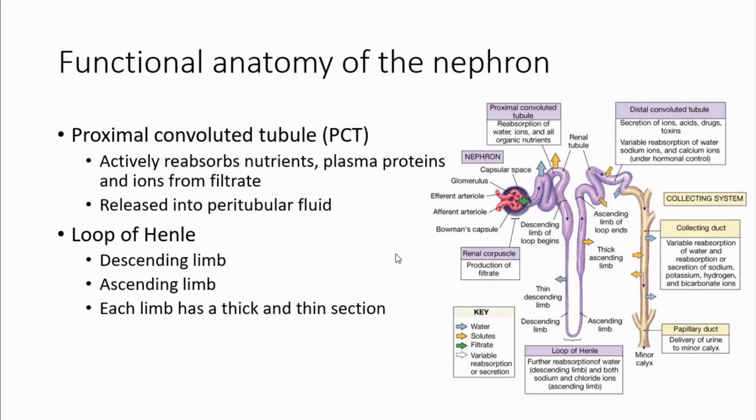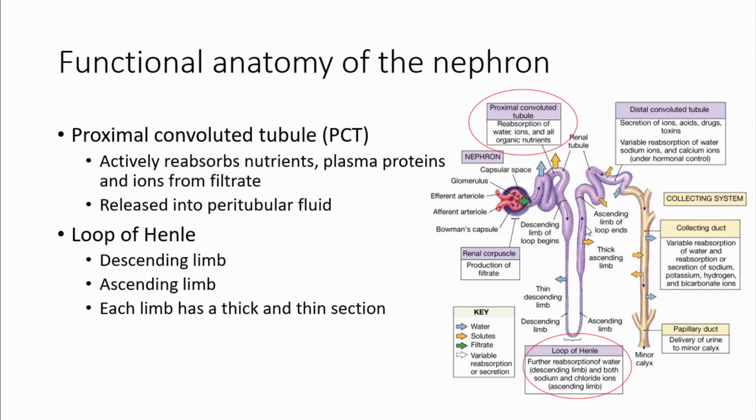Now, functional anatomy of the nephron. The proximal convoluted tubule, which is right here, actively reabsorbs nutrients, plasma proteins, and ions from filtrate, and it's released into the peritubular fluids.